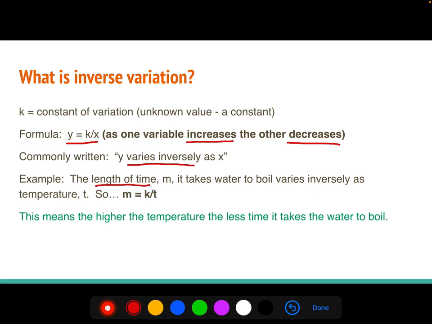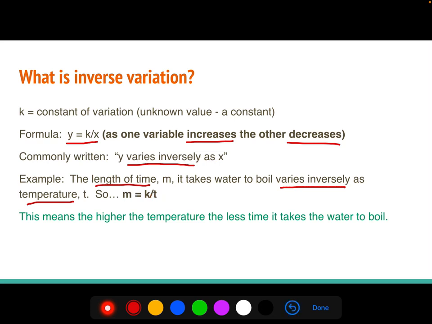An example of that: the length of time it takes water to boil varies inversely as the temperature. So the length of time, M, is equal to K over the temperature, T. So our variable M is going to be going down as T, our temperature, is going up.